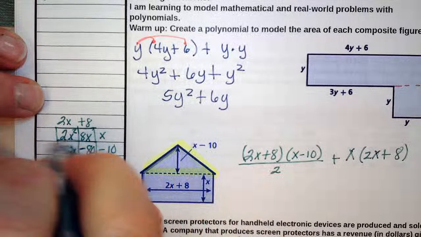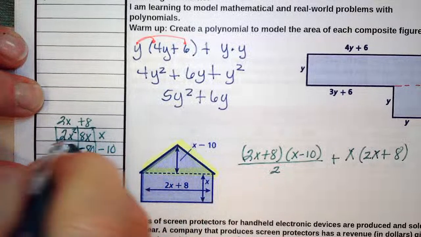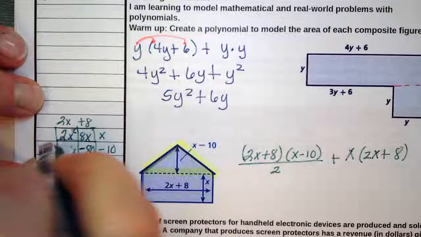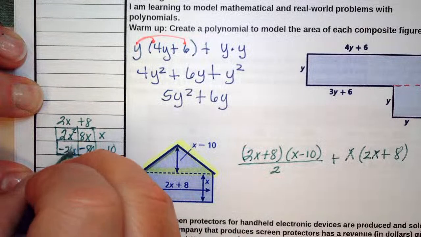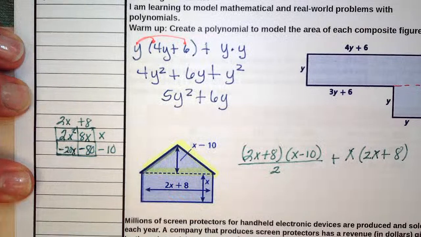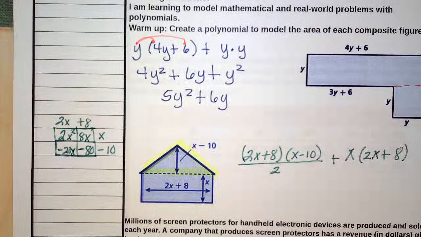It's not a very good negative 20x. You can't read it very well, but we'll see if I can fix it. Yeah, that's a little bit better. You combine at the diagonal.